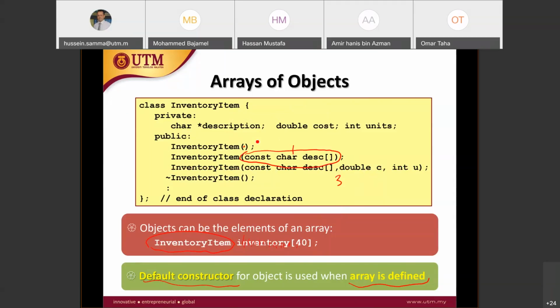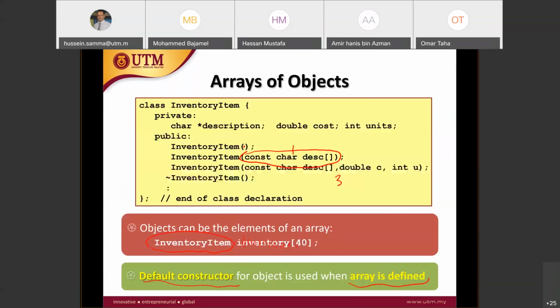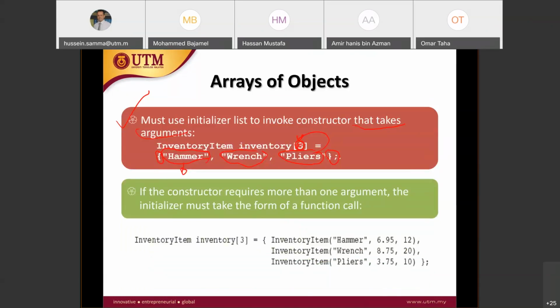All right, so you can see here, in this example, I will call the second constructor. But if I want to call this one, in that case, I need to pass 3 inputs. Okay, so you can see in this example, if the constructor requires more than one argument, the initializer must take from the function call.